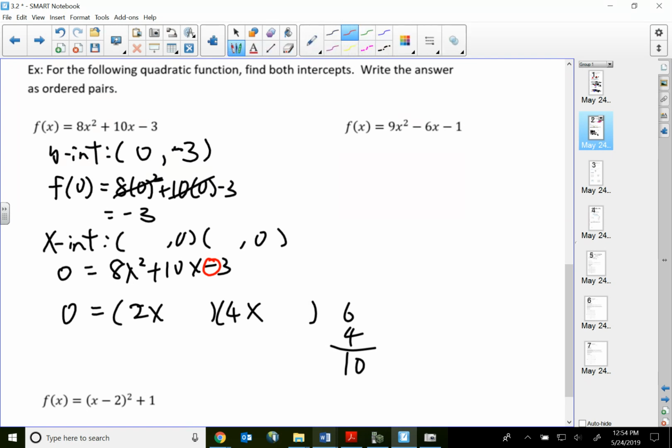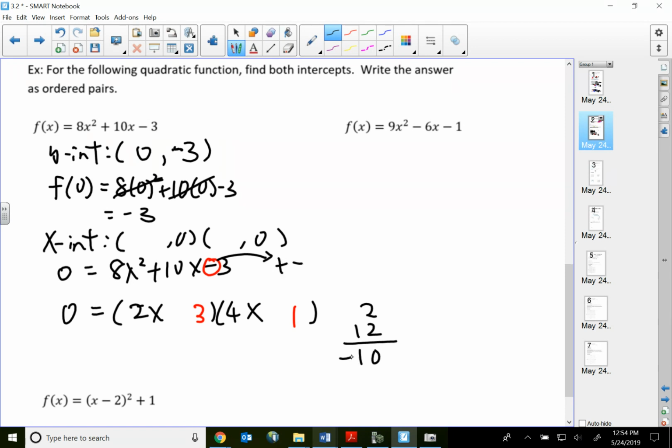I'm going to swap them. I'm going to put my 1 here and 3 here. Now my outer is going to be 2 and my inner is 12. 12 and 2 combine to make 10 if I subtract. When the last term is negative, the choice for the signs is one positive, one negative.